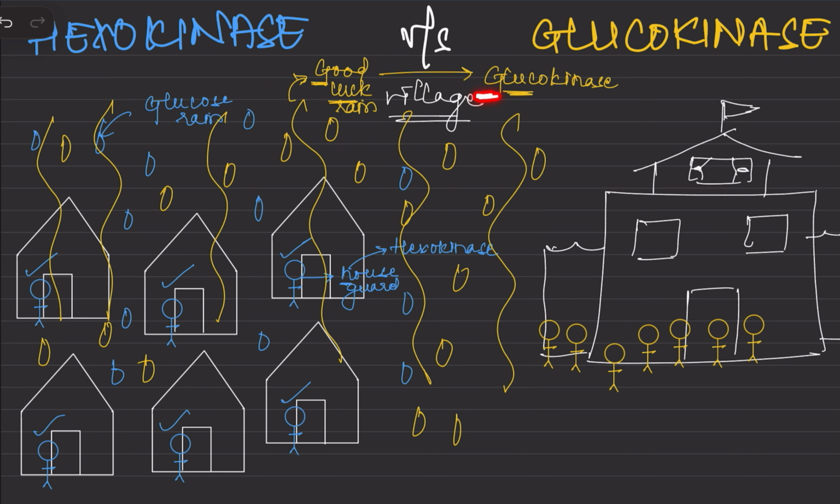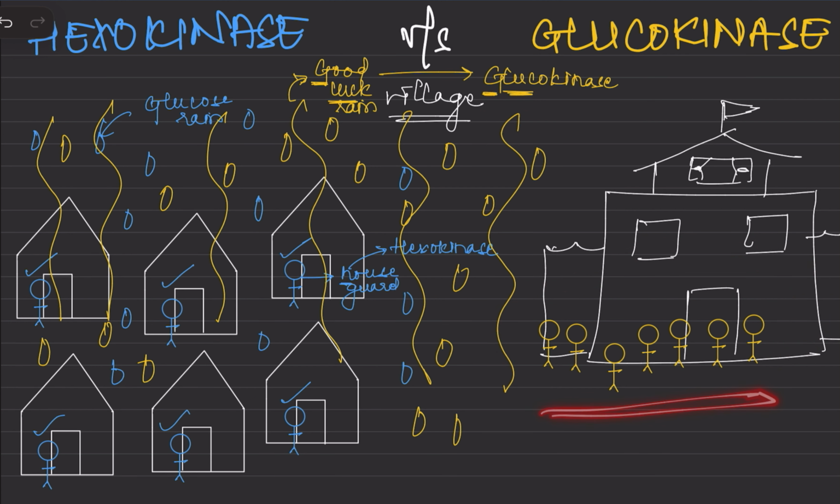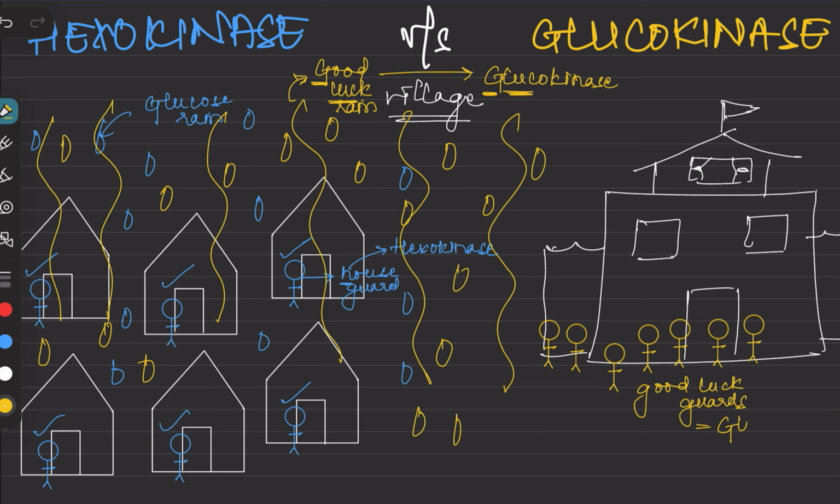That's when we have our good luck guards coming into the picture. So what are these good luck guards? These are our good luck guards, which is nothing but G for good, LUC for luck, glucokinase. What does glucokinase do?